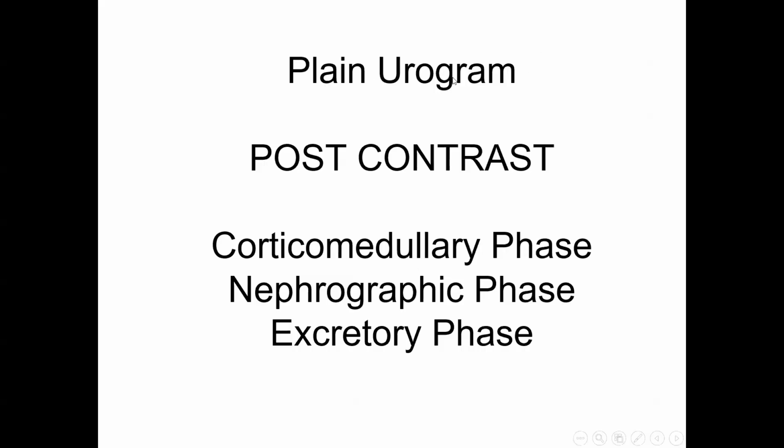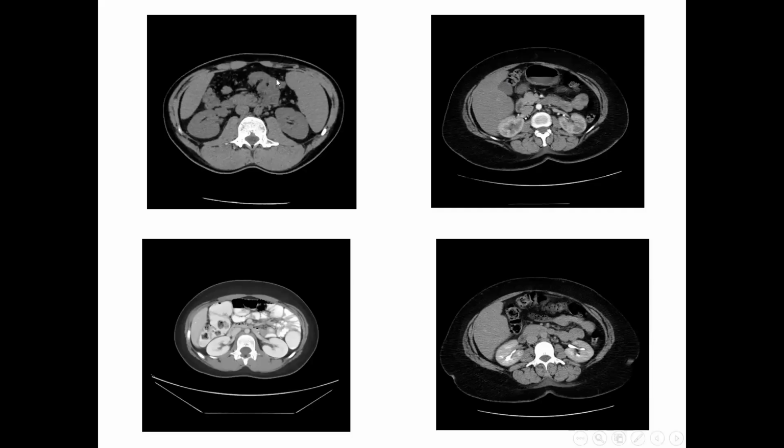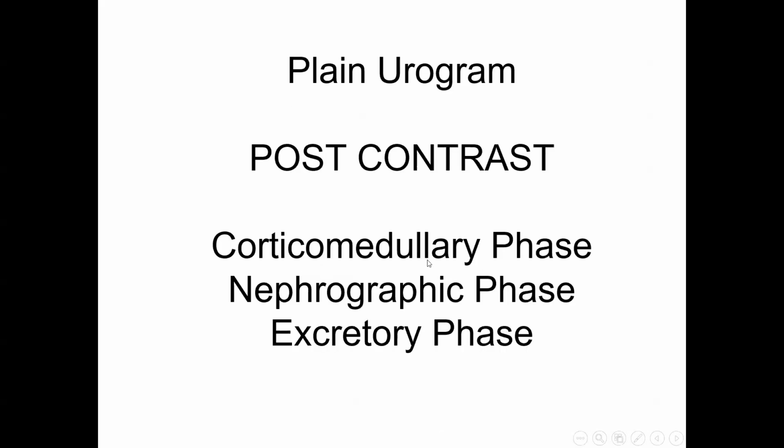Okay, so we discussed plain urogram. The first one, this one, just for stones. Corticomedullary phase, usually you are able to scan before 90 seconds of injection of contrast. This is usually done if you are suspecting something in the initial phase, like early arterial phase enhancing tumors. Then we use corticomedullary phase.